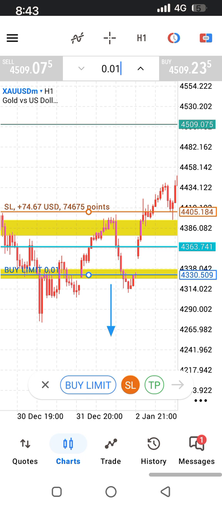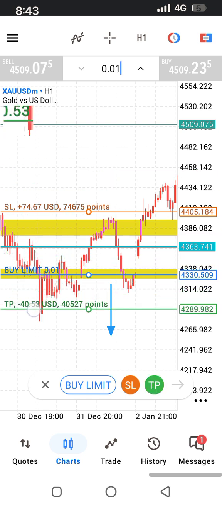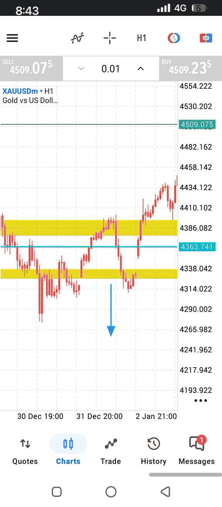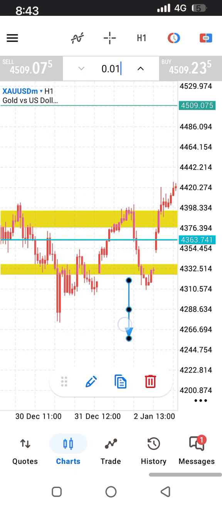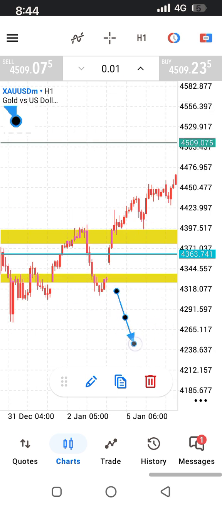That's around $74 if you're using a 0.01 position. And then the TP was around $40. But now it was going to be a trailing take profit. But you could have limited your stop loss. If price went above you, like around here, that's when you could have closed out. Alright? And then if price came underneath again, that's when you would have taken another entry for sale.